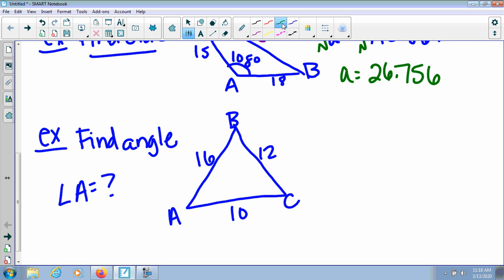We have to know what goes where when we're using our law of cosines formula. If I'm trying to find angle A, this is going to be side little a, this will be little b, this will be little c, and I don't know what this is. When I'm talking about the pair that I'm trying to figure out, like the beginning and the end of the equation, that's going to have to come from here.